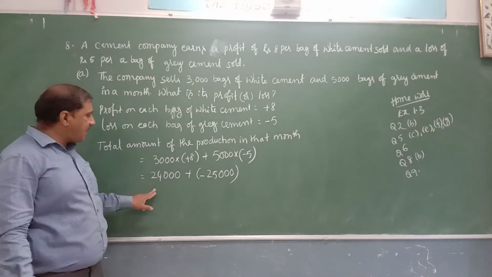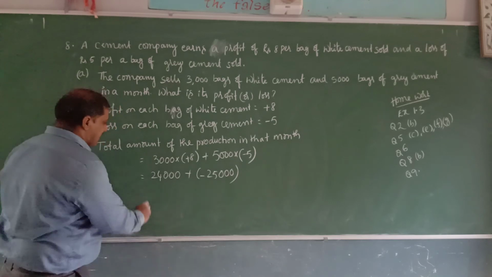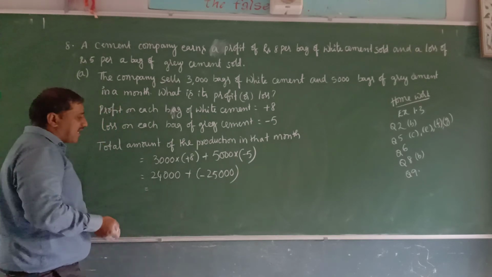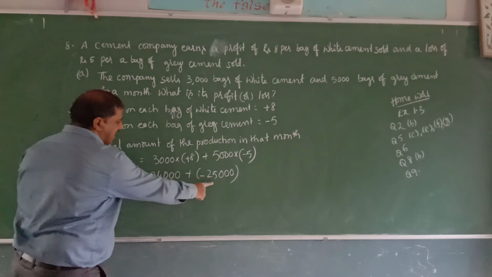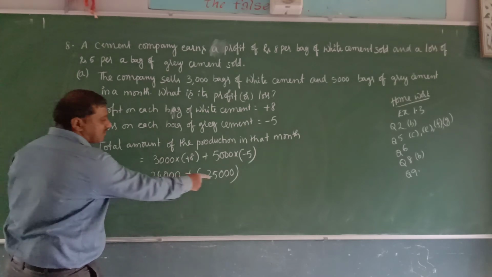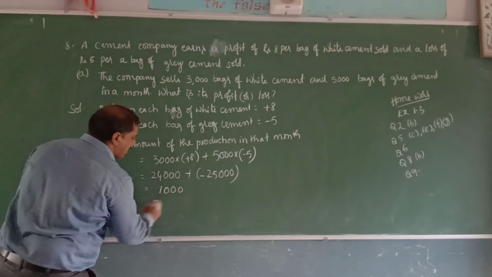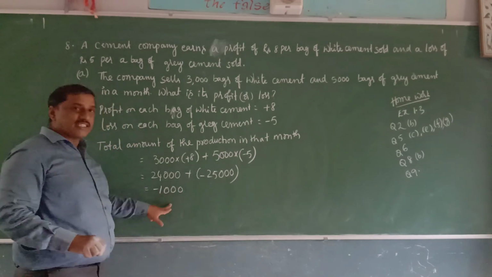Now we are adding one positive integer and one negative integer, so subtract the smaller number from the greater number. 25,000 is greater and 24,000 is smaller. Subtract 24,000 from 25,000 to get 1,000 and put the greater number's sign, that is minus. So the total amount is minus 1,000.